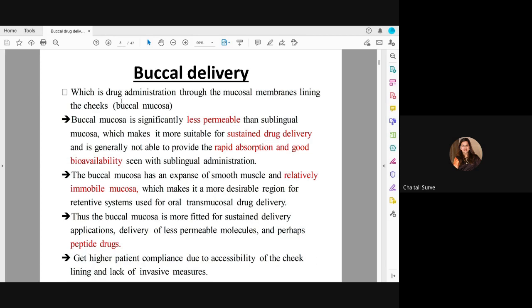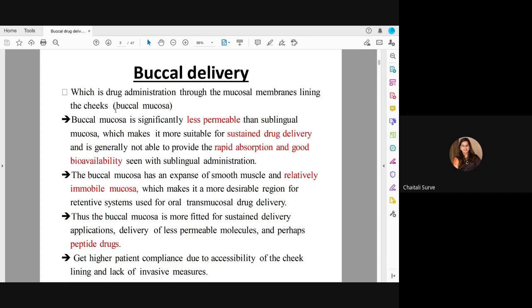Okay. Buccal mucosa is significantly less permeable than your sublingual mucosa. So when you talk about bioavailability, you should be aware that sublingual will give you comparatively higher bioavailability, or almost 100% bioavailability as compared to your buccal mucosa.